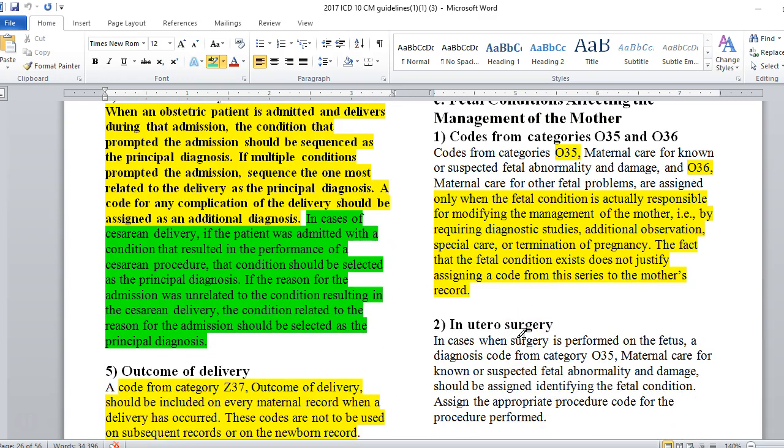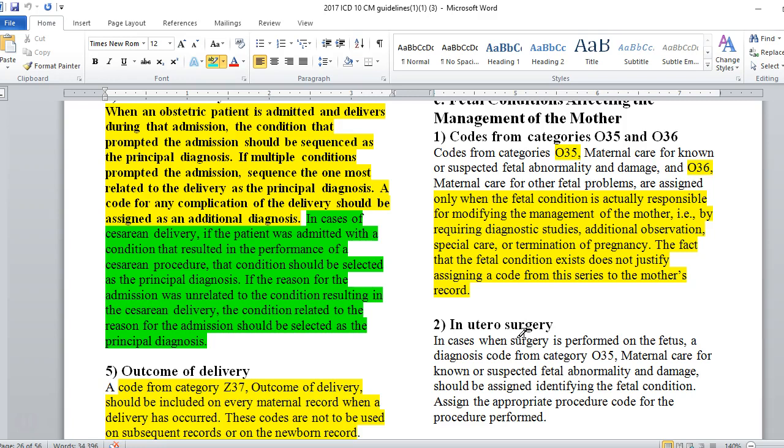Now, codes from category O35, maternal care for known or suspected fetal abnormalities and damage, and O36, maternal care for other fetal problems, are assigned only when the fetal condition is actually responsible for modifying management of the mother, i.e. by requiring diagnostic studies, additional observation, special care, or termination of pregnancy.